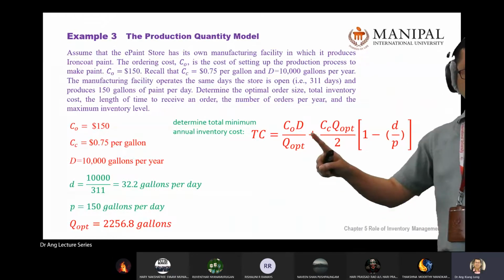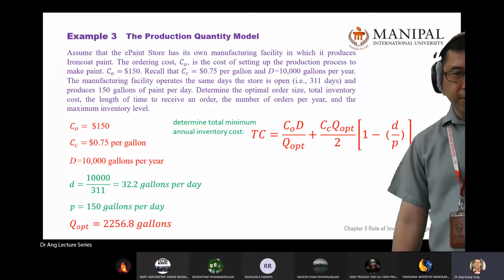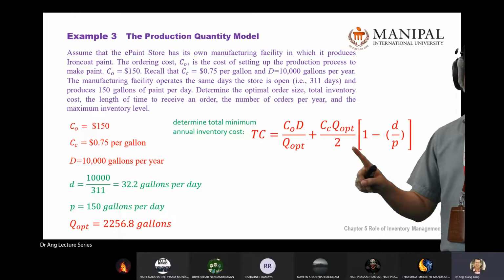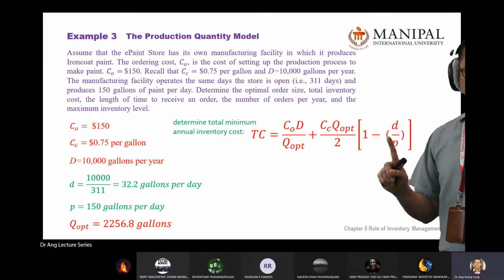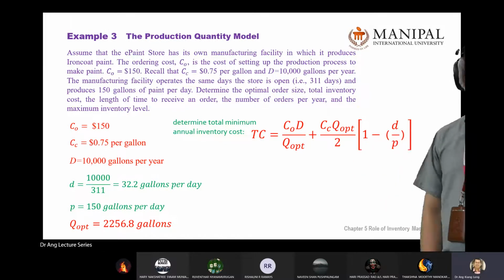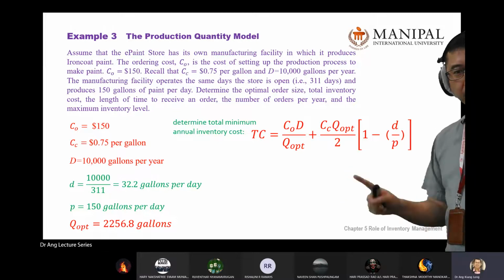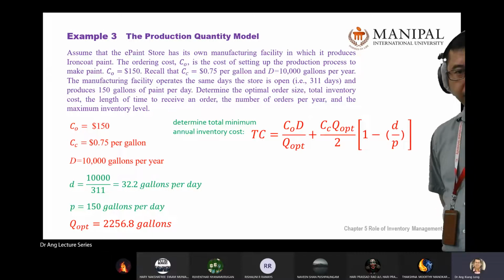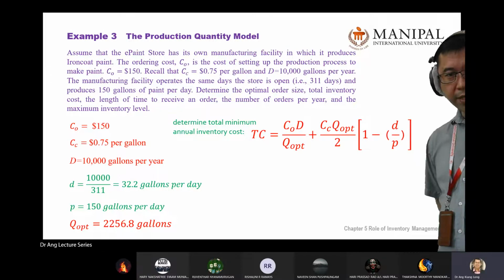CCO is given, D is given, Q op is on the screen here. CC is also given, Q op divided by 2, times 1 minus D divided by P. Why is there a divided by 2 there? Because we are using average inventory level for our calculation.